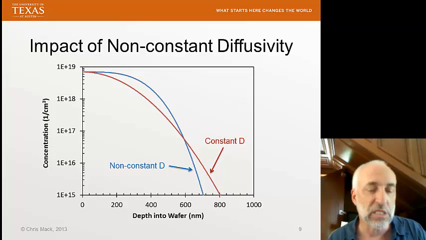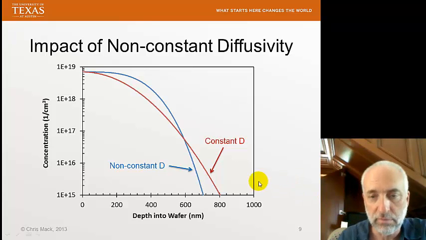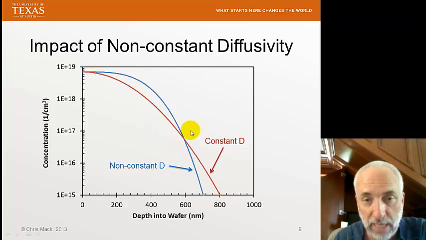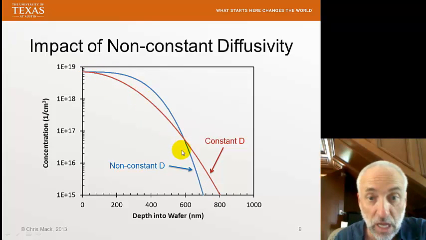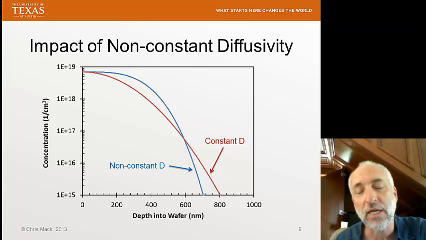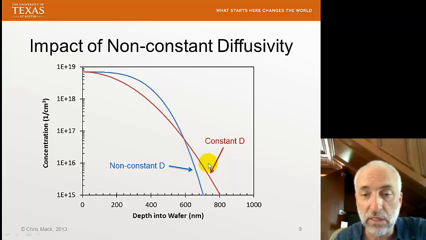The impact can be seen in this graph. If I have a constant diffusivity, like shown here in the red, I have a dopant distribution that looks like a Gaussian. So on my log plot, it looks like a parabola. With a non-constant diffusivity, where the diffusivity is higher in the regions of high concentration, then I get a steeper gradient near the junction.